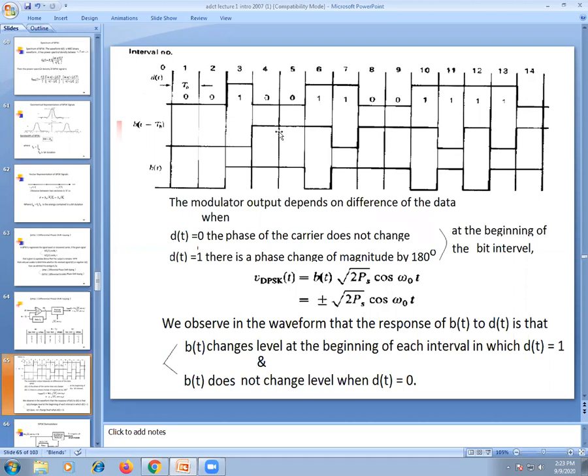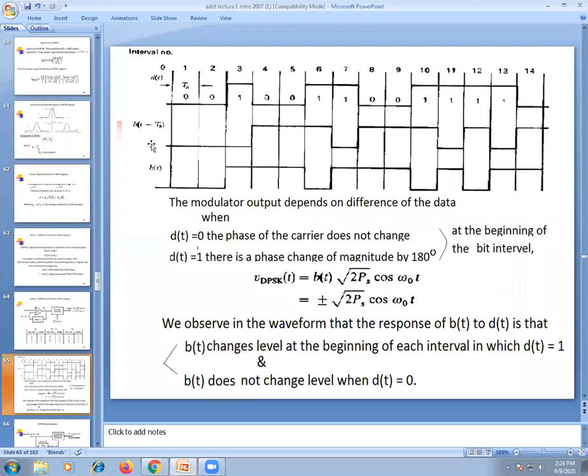Likewise, in the waveform, let us see the output of B of t. Let us assume B of t minus T b, the output of the 1 bit delay, is initially 0.